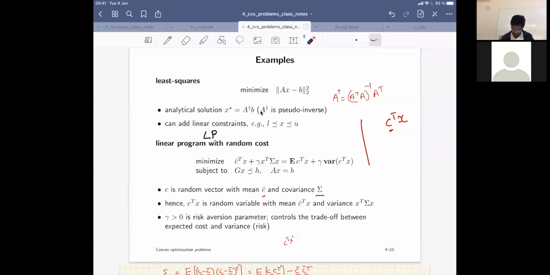One interesting thing is this gamma. This is the hyperparameter here, which keeps the trade-off between this and this. If you keep gamma too large, then the optimization problem will give higher priority to minimizing the variance. If you put gamma equal to 0, then it will discard the variance. If you keep gamma at a low value, then the other part will be given higher importance.